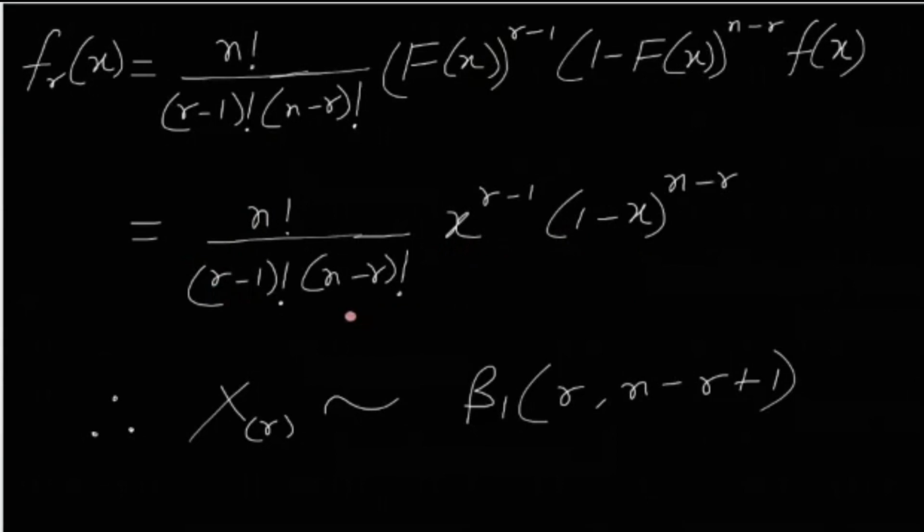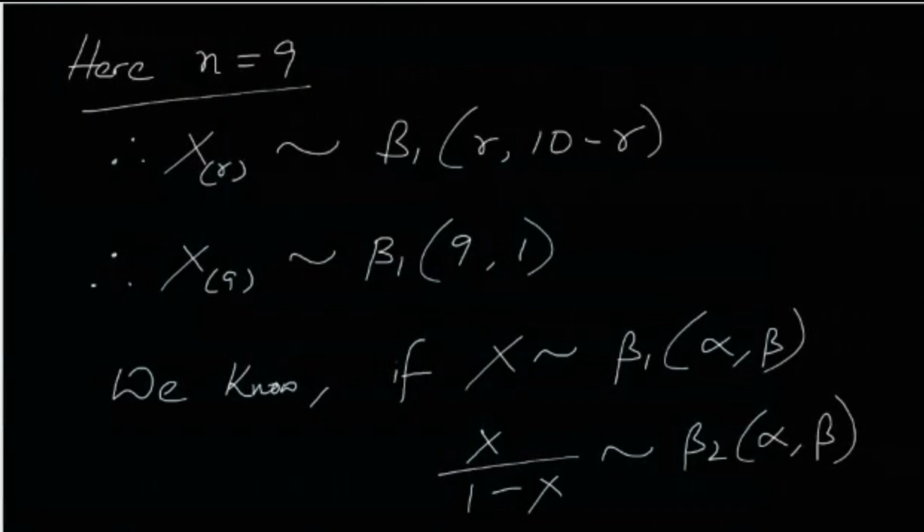You can easily see that this is the form of the beta distribution of the first kind with parameters r and n minus r plus 1. That means X order r follows beta distribution of the first kind, beta 1, with parameters r and n minus r plus 1.